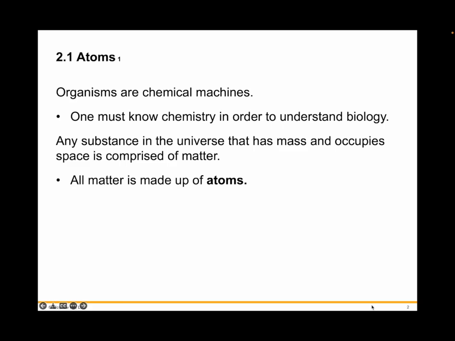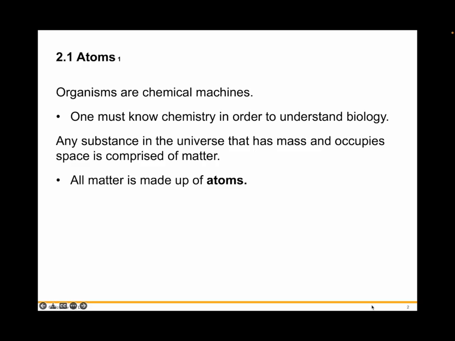Let us begin now with atoms. So what you're tasked with is being able to describe the basic structure of an atom in terms of the three subatomic particles. So biology is the science of life, and all life, in fact, even all non-life, is made of substances. Chemistry is a study of the properties of these substances.